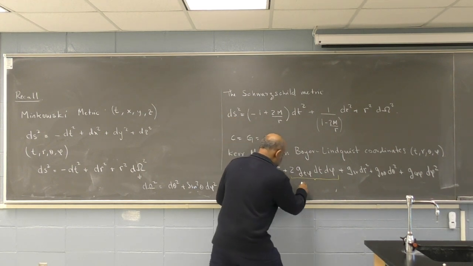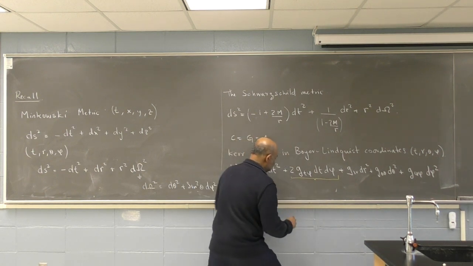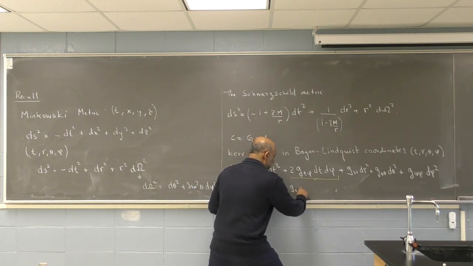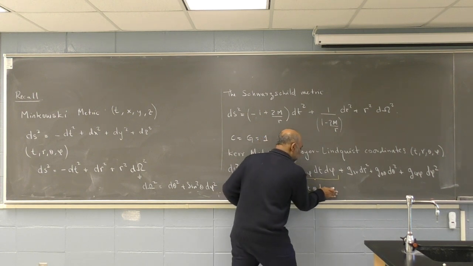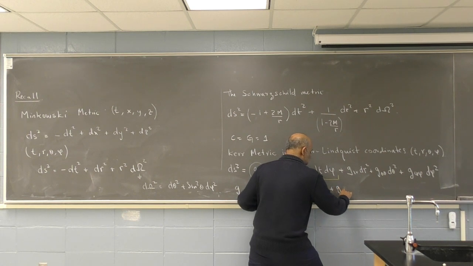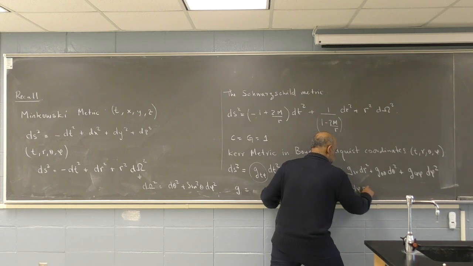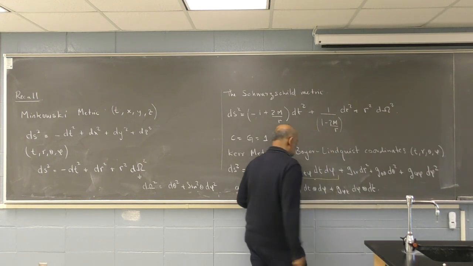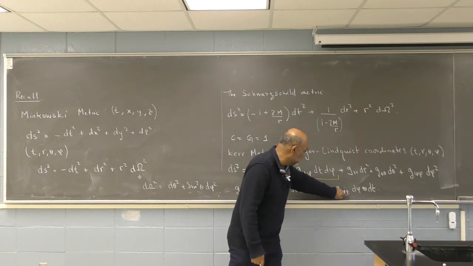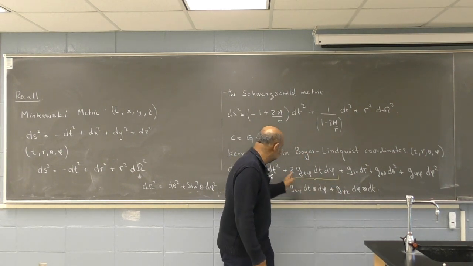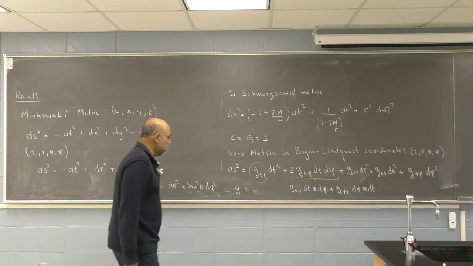The reason is, when written out as a metric, this would expand to gt phi dt tensor product d phi plus g phi t d phi tensor product dt. And the metric is symmetric. So gt phi and g phi t are the same, and hence the 2, and this is collapsed into just writing it as a line element.